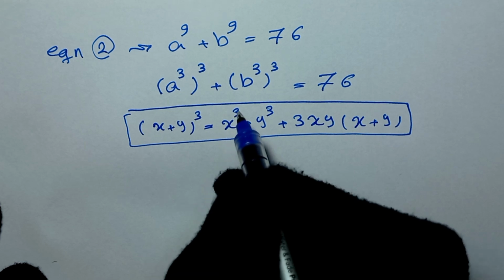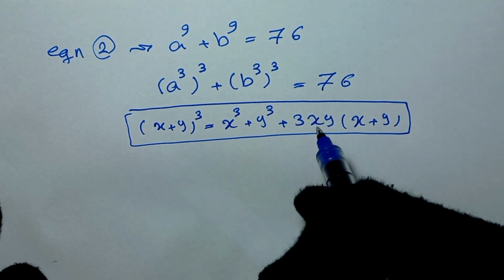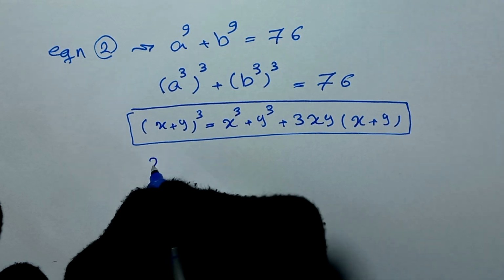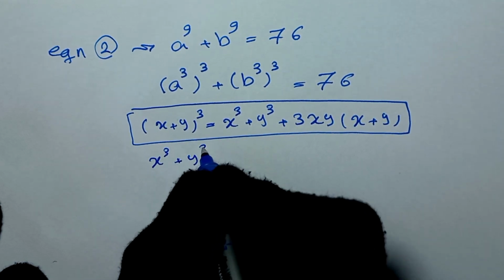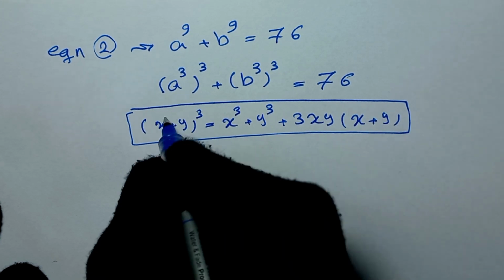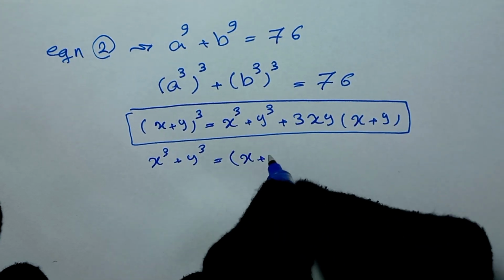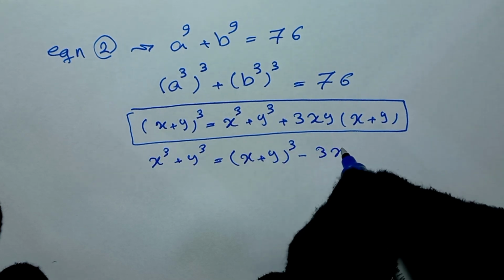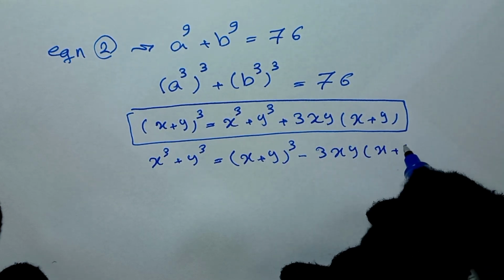In here, we have x cube plus y cube. So we can take these two parts to this side, and we have x cube plus y cube equal to, we take this part to this side, x plus y to the power of 3 minus 3xy times x plus y, right?